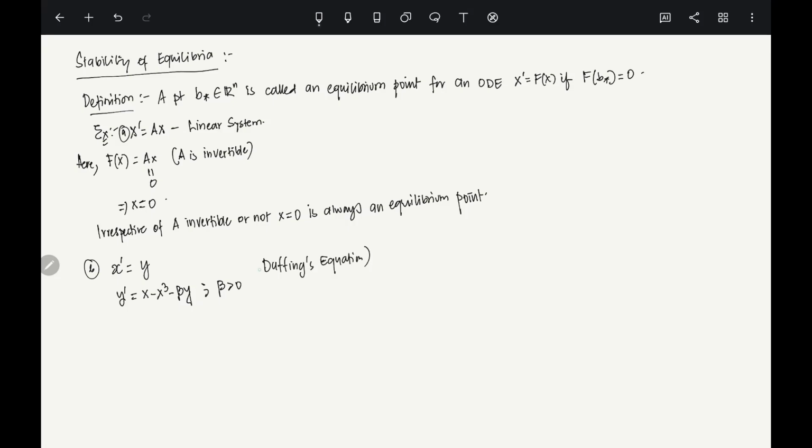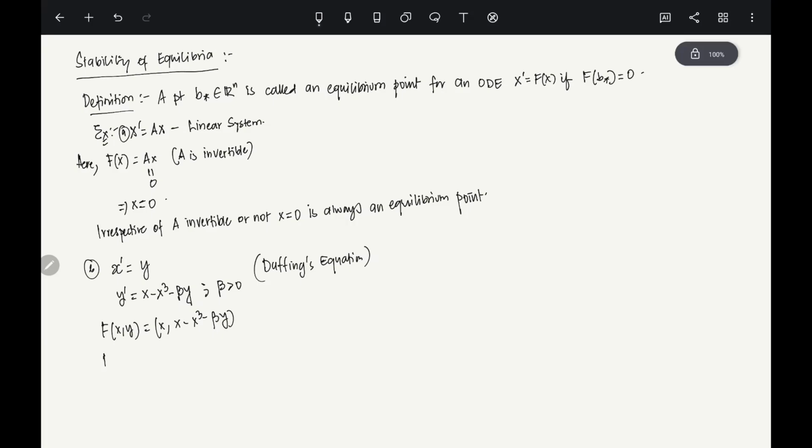For this equation, what is f of x, y in this case? It is y, and x minus x cube minus beta y. Now, for an equilibrium point, y has to be 0, and then you have to evaluate x.